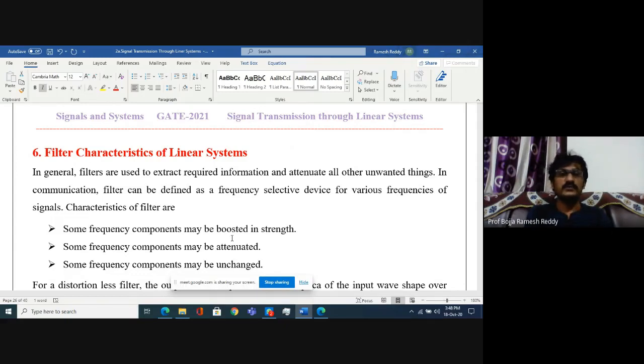In houses also, we use a water filter to get pure water, or a coffee filter to get pure coffee. We already studied filters in our EDC course also, like rectifiers and filters.